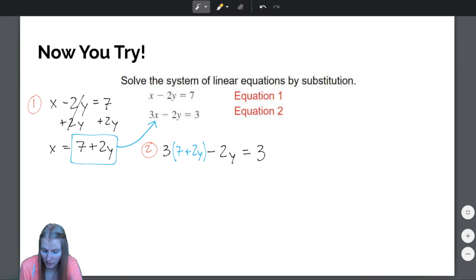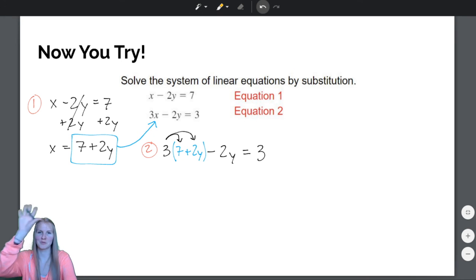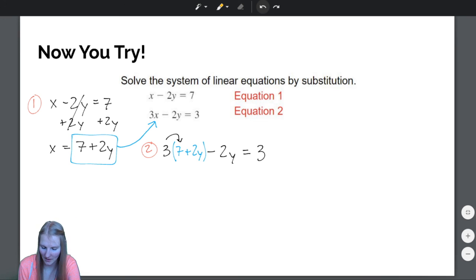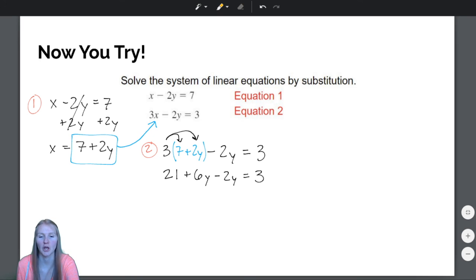Okay, since this is 3 times all of this, I need to distribute. Do my distribution rainbows. So I have 3 times 7 is 21, and 3 times 2y is 6y, minus 2y equals 3. Now let's combine like terms.